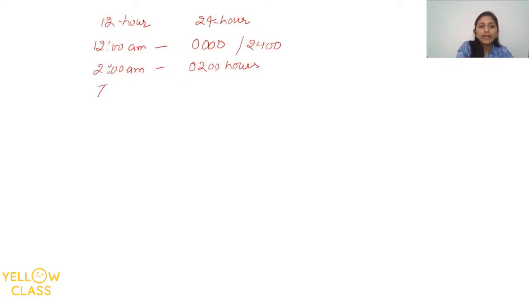For example, 7 a.m. will be 0700 hours. If I have 9:30 a.m., then it will be 0930 hours. Do you remember? First two digits represent hour and the next two represent minutes.